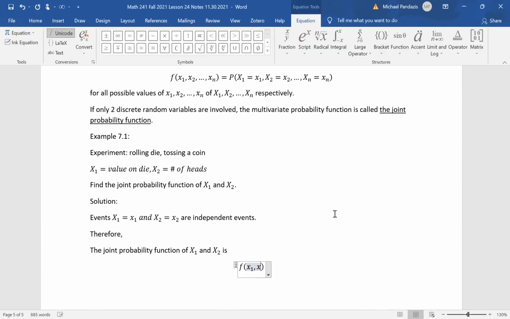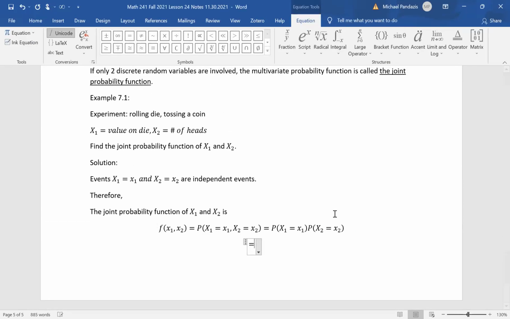It's f of x1 comma little x2 is equal to, by definition, the probability that x1 is equal to little x1 and x2 is equal to little x2. But because they're independent events, the probability of them both happening is equal to the product of each of them happening. This is equal to the probability of one times the probability of the other. Okay, and so now you just calculate each one and you multiply the probability.